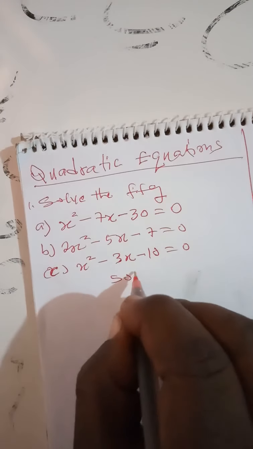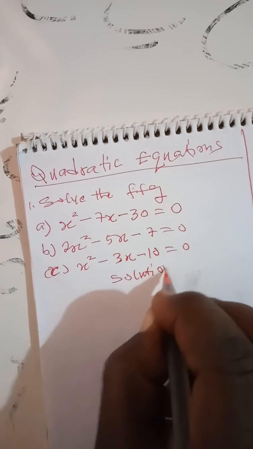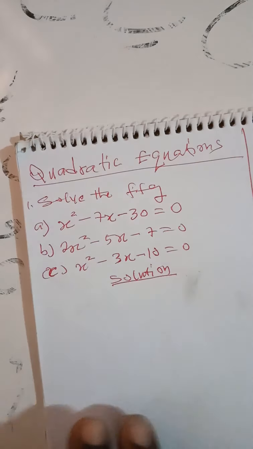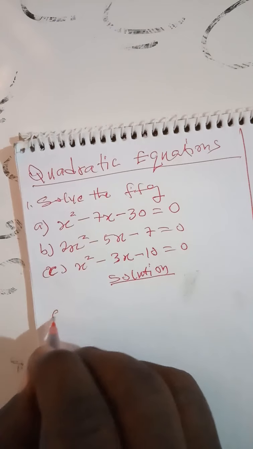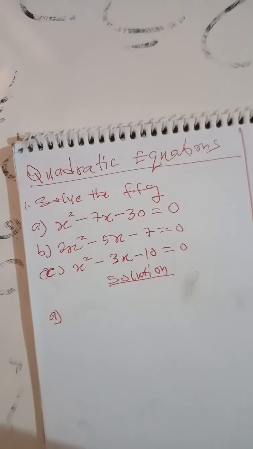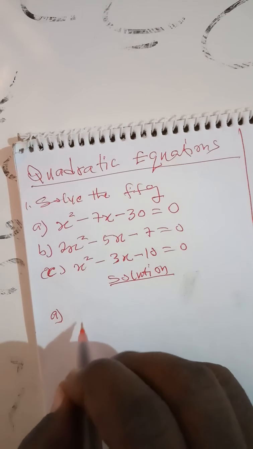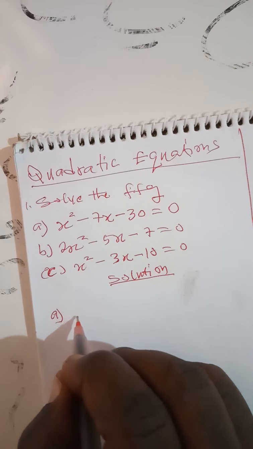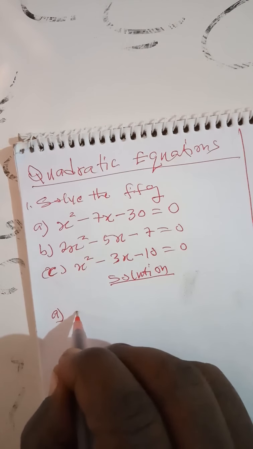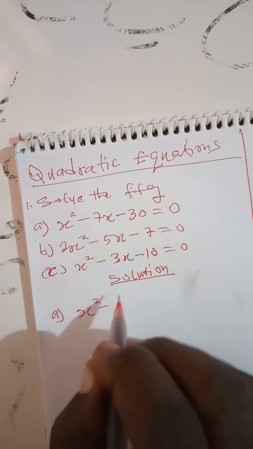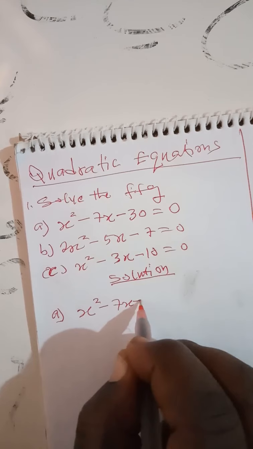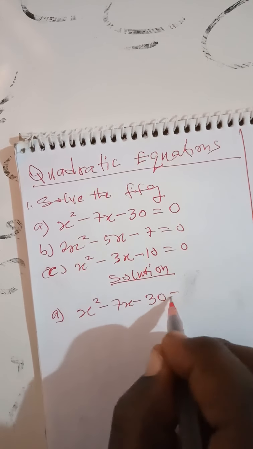Solution. Okay, I take the first question, A. In this first question, the first idea is to find the product that is necessary to deal with. Let me write the equation first: x squared minus 7x minus 30 is equal to 0.